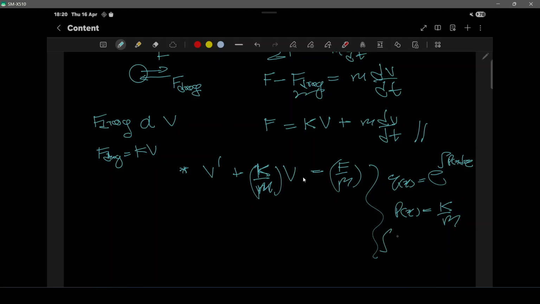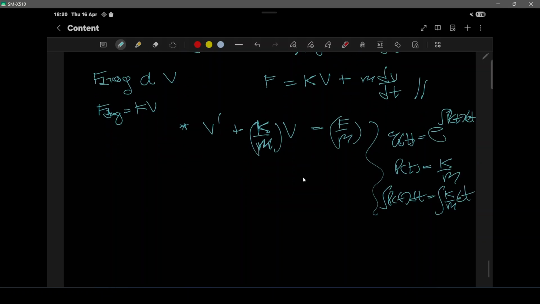So if we integrate, let's say this is t, because now our variable is time. So p(t) is k over m. So the integration of p(t) dt is just the integration of k over m dt. k over m is a constant, so if we integrate 1, it's t.